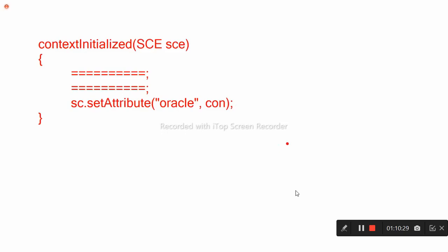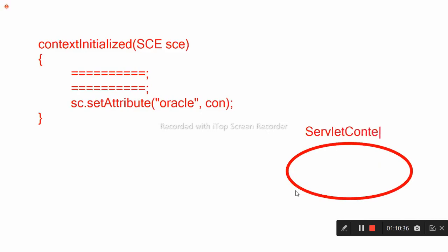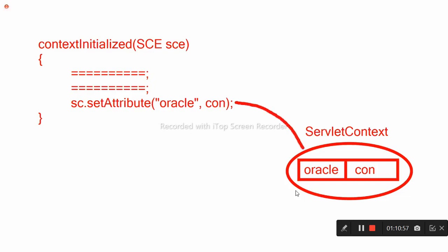So with this line, ServletContext setAttribute: the ServletContext is created in memory. Here are the name of the attribute and the value of the attribute. The name is Oracle, but it need not be Oracle; A, B, C, D, X, Y, Z, whatever you want, you can write. Like this I'll place the connection.